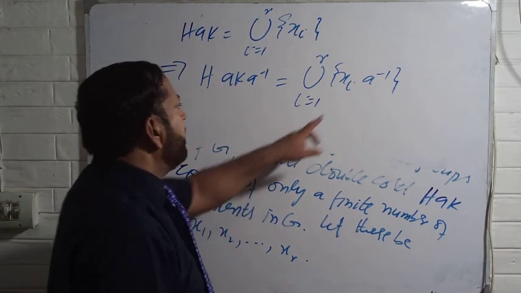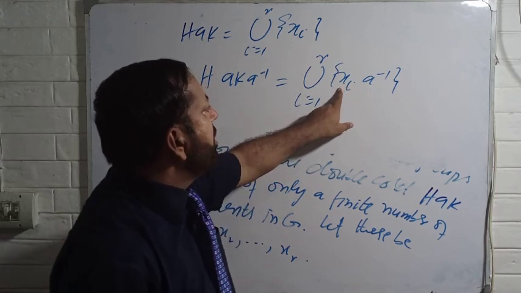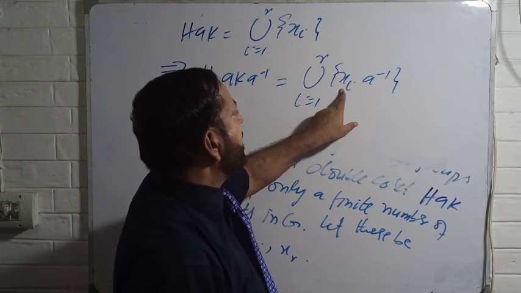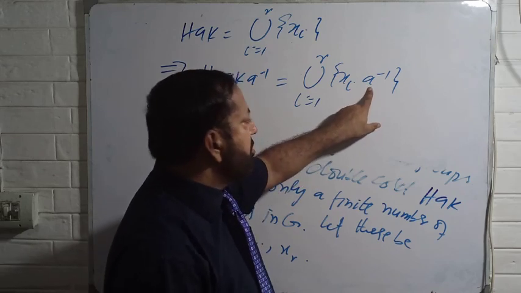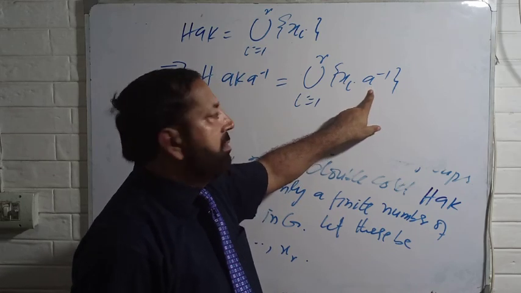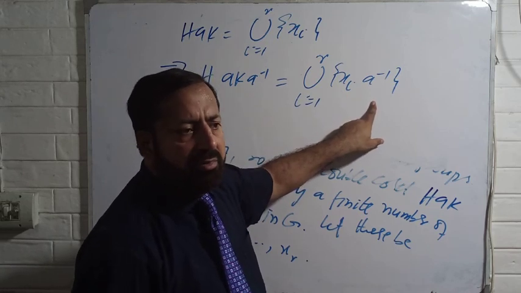Okay, we claim that xi A inverse are all distinct elements. If not, then xi A inverse must be equal to xj A inverse for i not equal to j. But by the cancellation of A inverse on the right side, we will get xi equal to xj, which is a contradiction for i not equal to j.